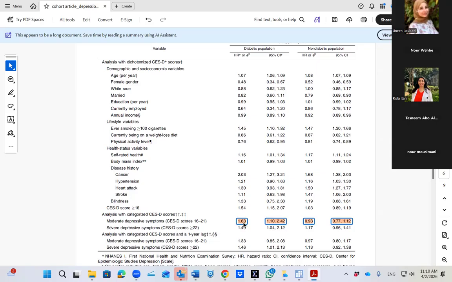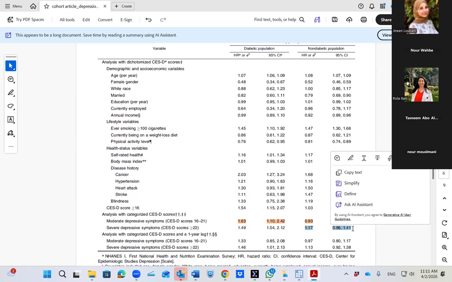At least I'm not saying go and test it. I'm just saying that if you examine the data, it suggests a significant association of depression with mortality for diabetic and no association for non-diabetic. This is for the moderate. If we look at the severe, again, it's 1.49. Still, the association is significant, and it remained non-significant for non-diabetic.